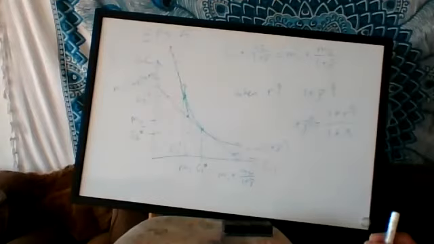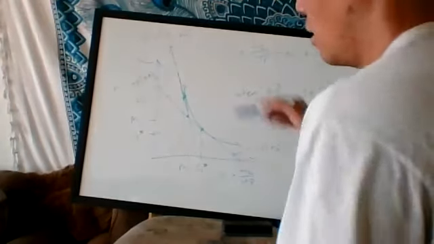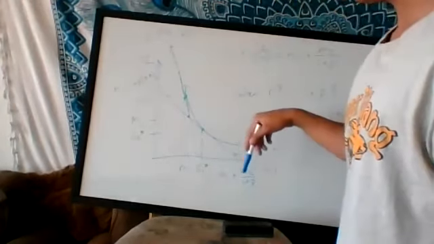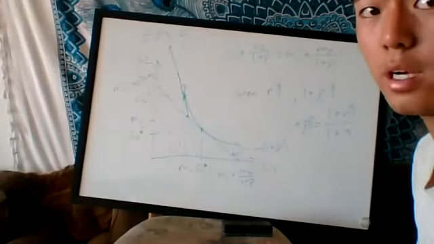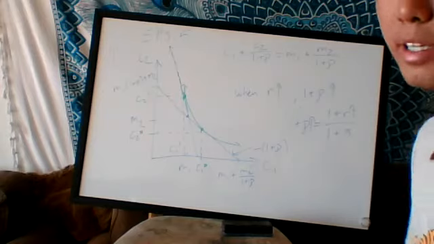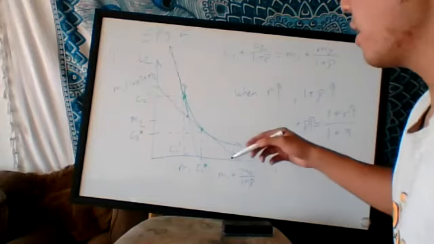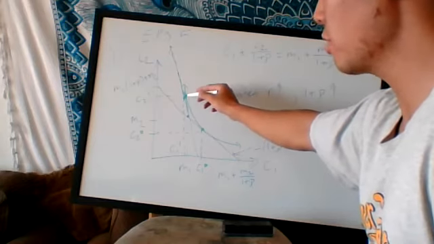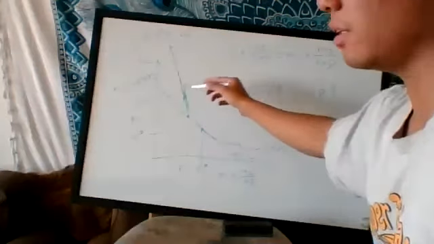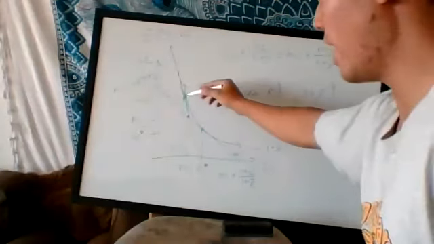And so I've now drawn my new budget constraint. I know that because this person is going to be optimizing; we just assume that they're a utility maximizer. We're going to say that this person is going to have their indifference curve be tangent to the budget constraint, which is exactly what's happening here.